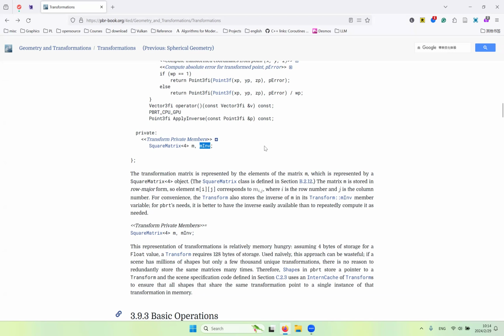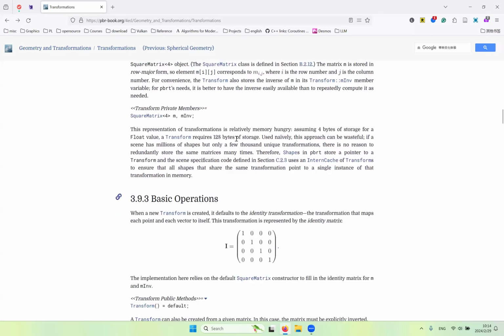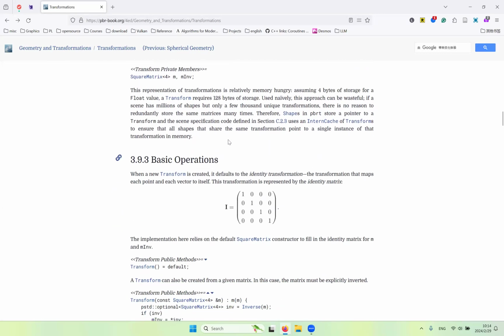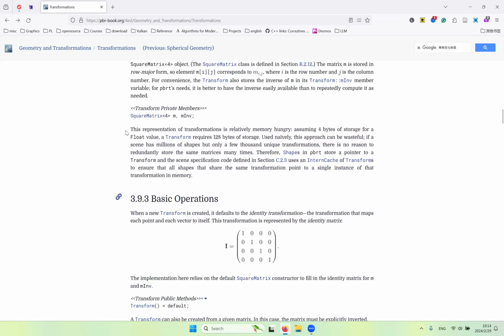I think a lot of ray tracers do the same. Since this representation of transformation is relatively memory hungry, PBRT has another internal cache to share memory.